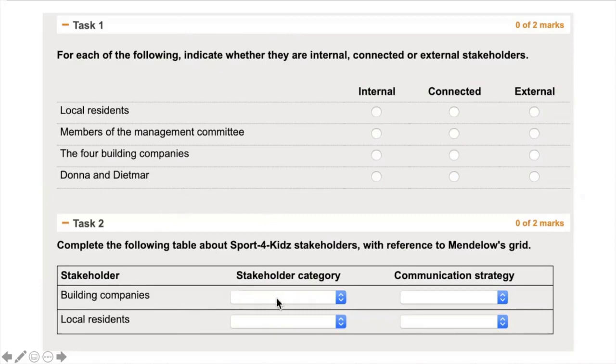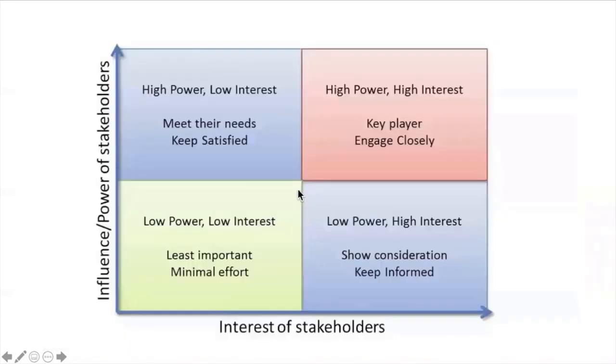So what type of stakeholder category would you put them in? And what about their communication? Now, if you know the stakeholder map by Mendelow, you would know that it looks like this. And this map talks about influence and power on this axis and interest of stakeholders on this axis, from low to high, from left to right and from bottom up, low to high.